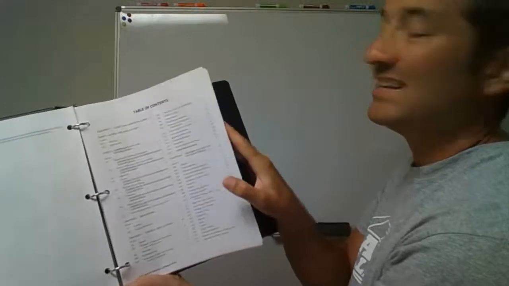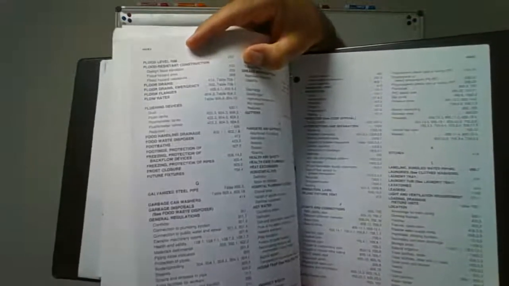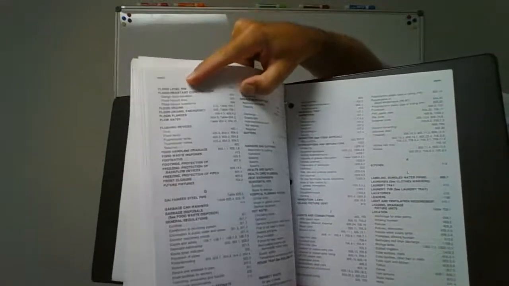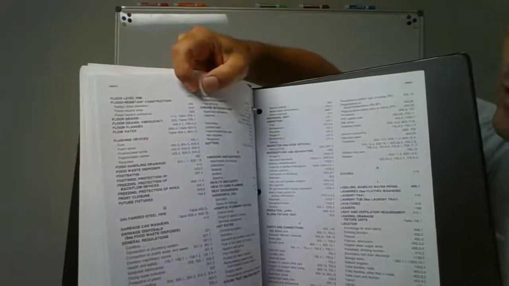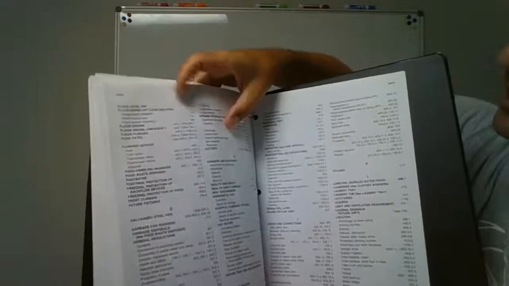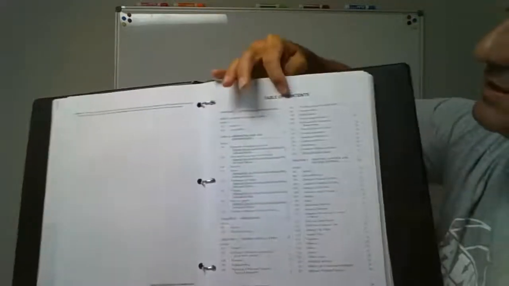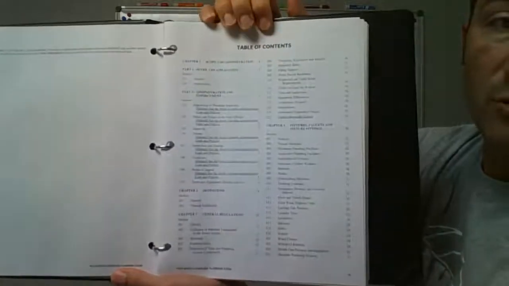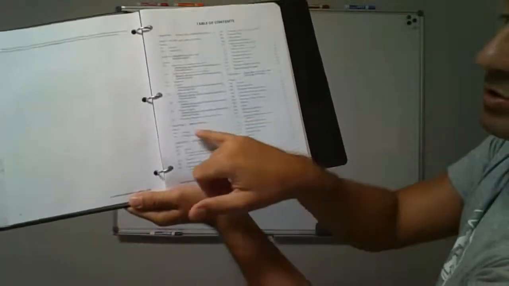You also have an index in the back, where maybe you're looking for a specific wording or term, say, flood level rim. Where does it talk about flood level rim? You could look over and find what sections talk about flood level rim. So if you had a particular wording, the index in the back is the place to look, and this table of contents takes you through. We've been through Chapter 2 with definitions.